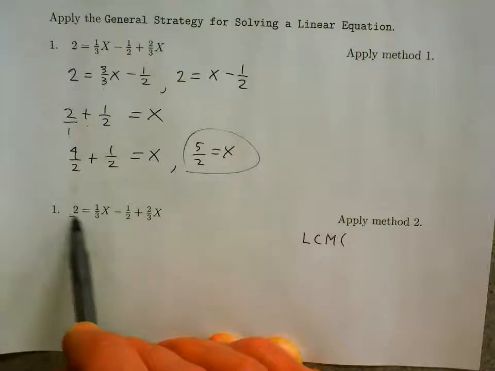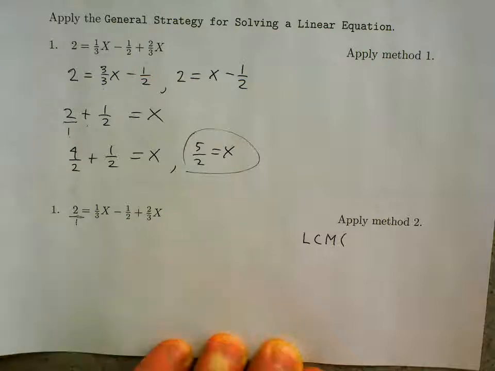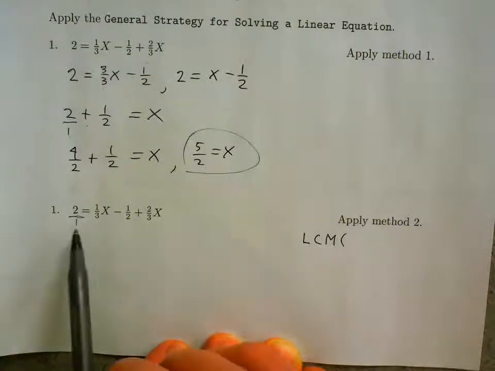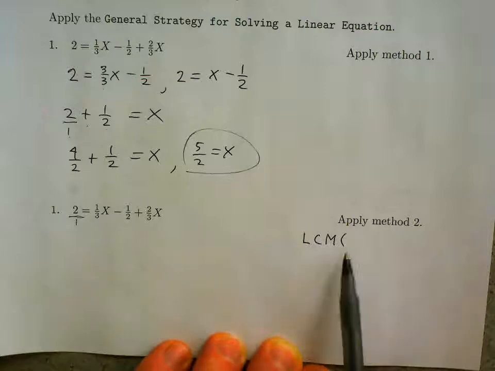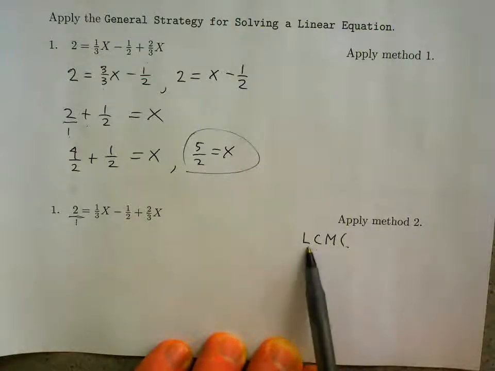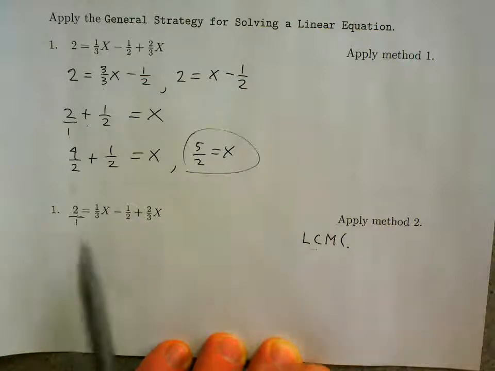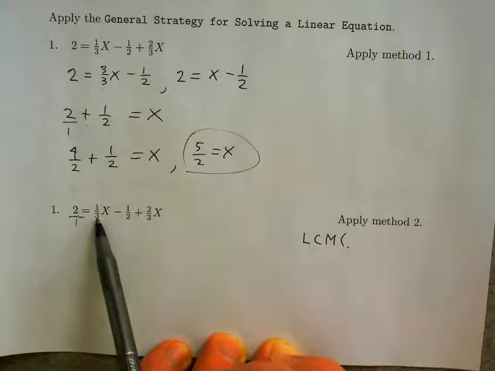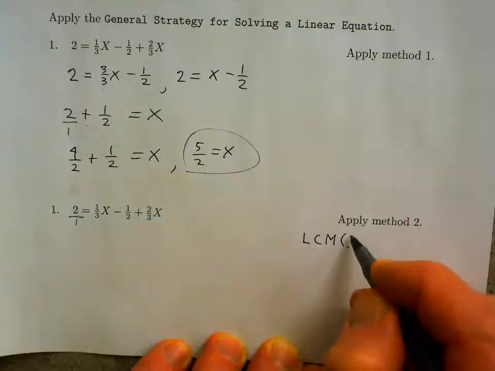One is a denominator of 2. You can think of 2 as 2/1, right? But that's sort of inconsequential when we're trying to find the least common multiple of all of the denominators. The other 2 denominators are 3 and 2. So we really just need to find the least common multiple of 3 and 2.